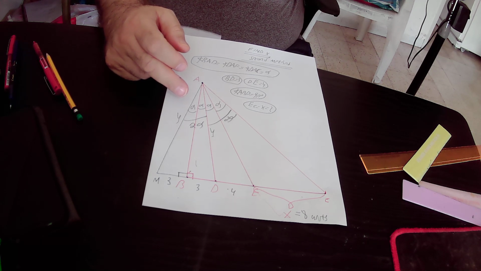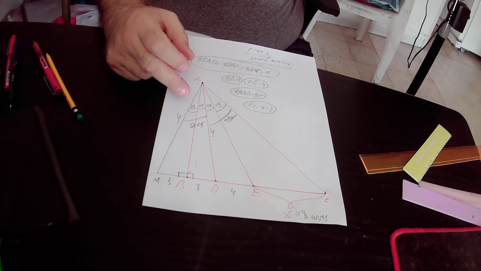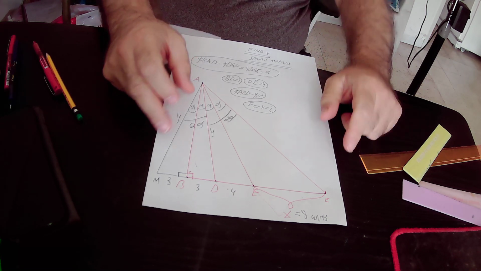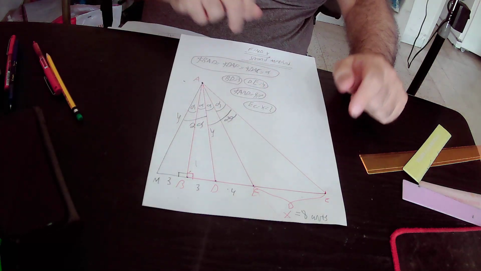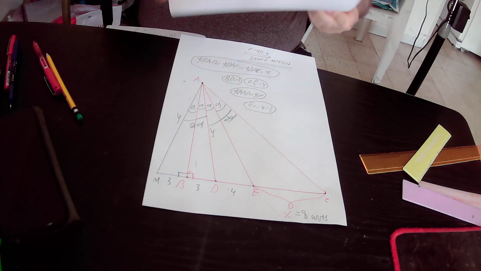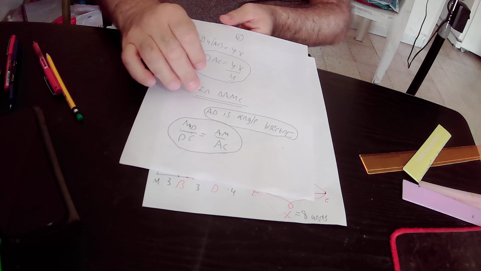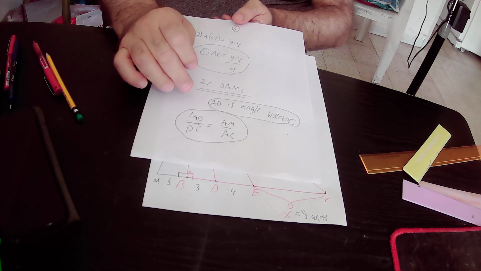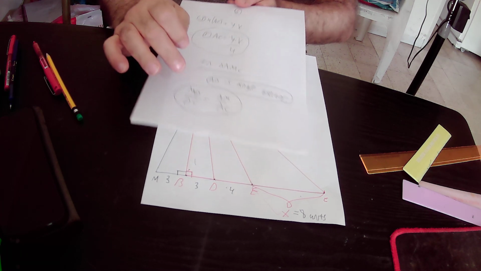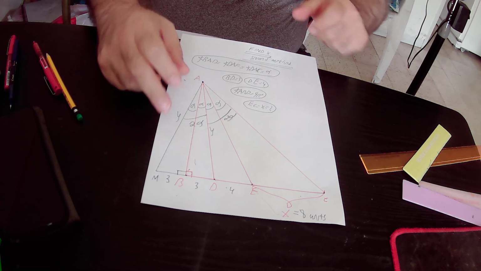So, according to the angle bisector theorem, the ratio in which the angle bisector AD divides MC is MD over DC, and that ratio equals the ratio between the angle legs.